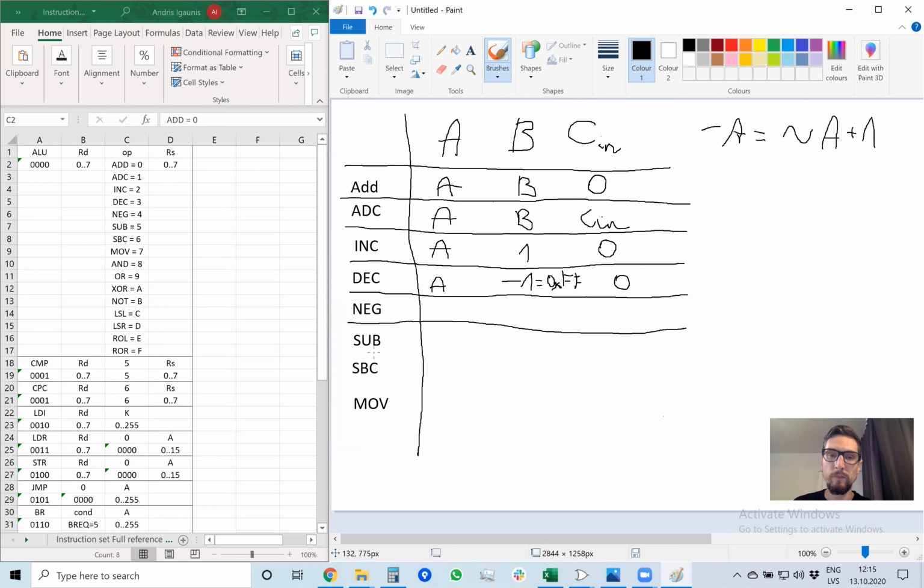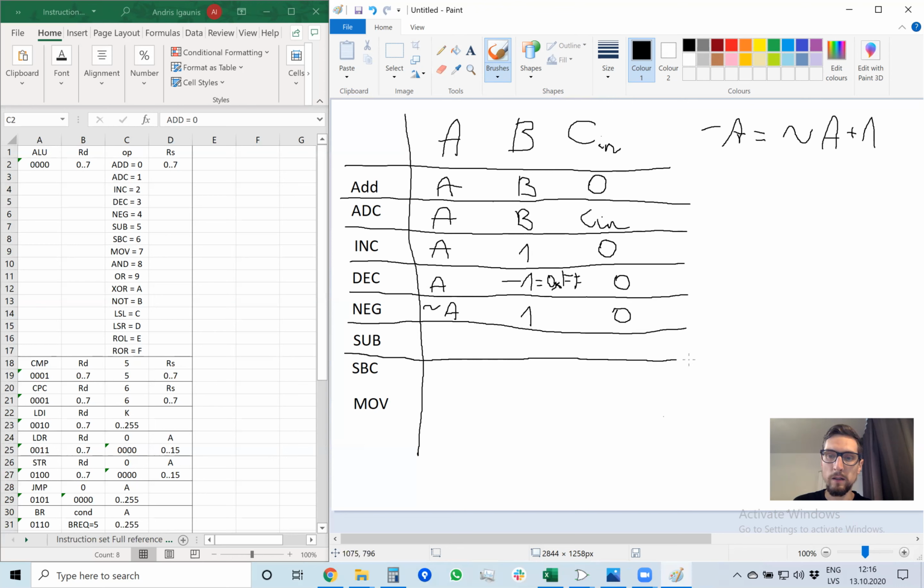So here, instead of A, we will select not A. We will just add one NOT element in front of A. Instead of B, we will use 1, the same as for increment, and for carry in, we will just select 0. We don't use it.